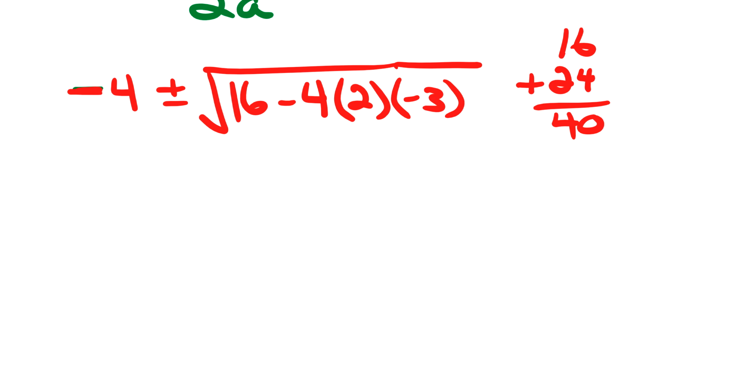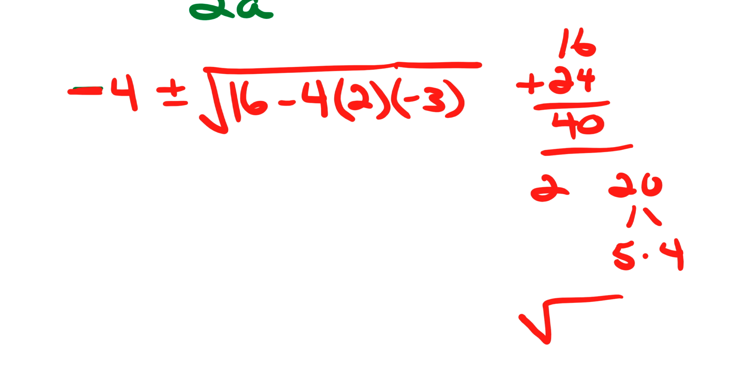Let's see, how am I going to do that? I'm going to take the 40 and factor it. That'll be 2 times 20, and the 20 I can break down to be 5 times 4. Then I can see I'm going to have the square root of 2 times 4 times 5. What have I got?